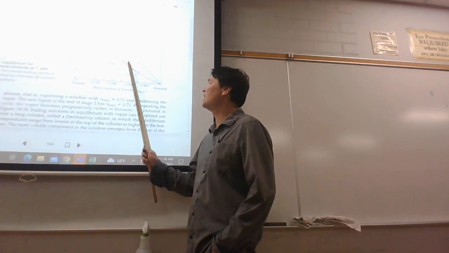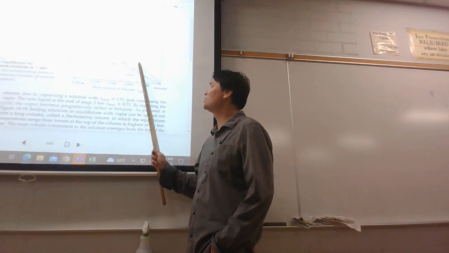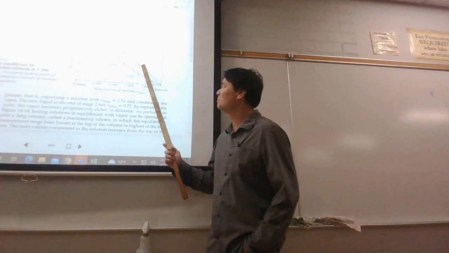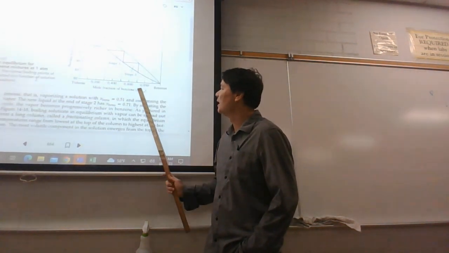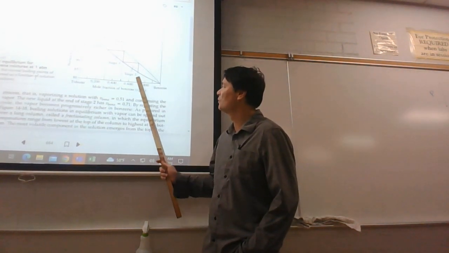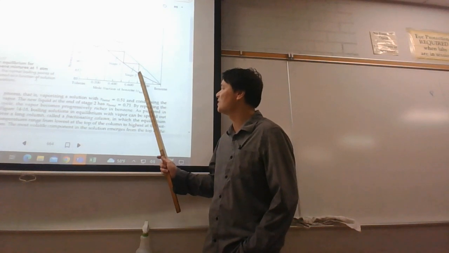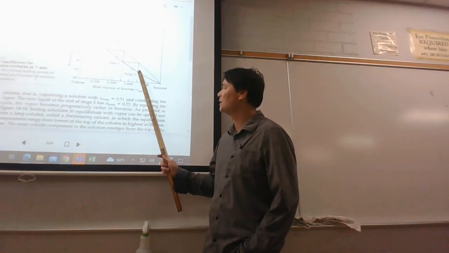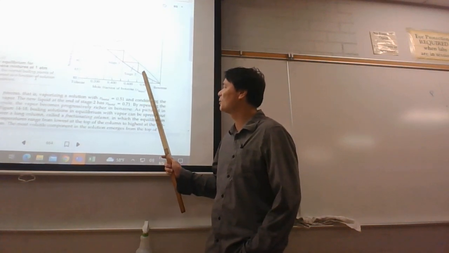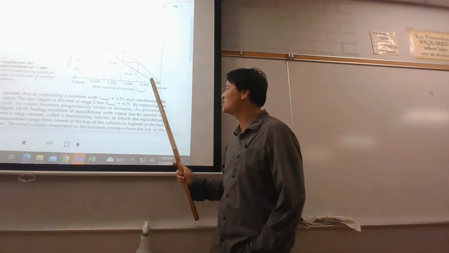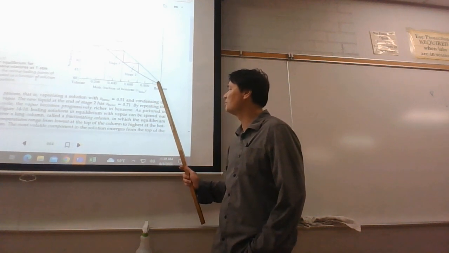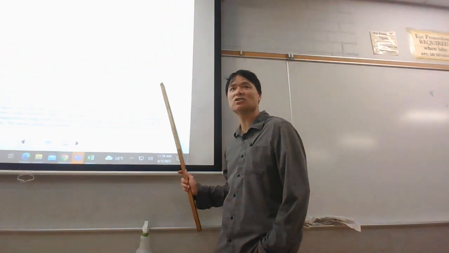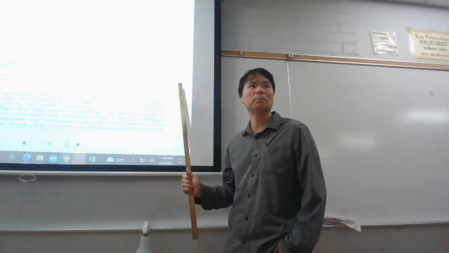Then I vaporize that new liquid and enrich it in benzene. Now it's going to be 70% benzene, 30% toluene, and then I condense it, making a new liquid. Then I vaporize it again, condense it, vaporize it again, condense it, and eventually I get pure benzene.